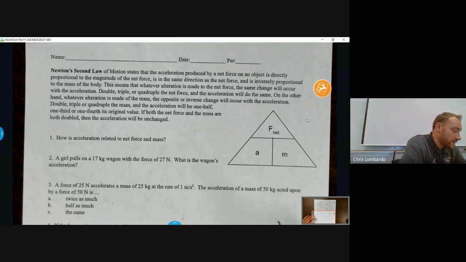Double, triple, quadruple the net force, the acceleration will do the same. On the other hand, whatever change is made to the mass, the opposite or inverse will occur with the acceleration. You double, triple, or quadruple the mass, the acceleration will be 1/2, 1/3, or 1/4 of its original value. If both of them are doubled, then the acceleration will remain unchanged.